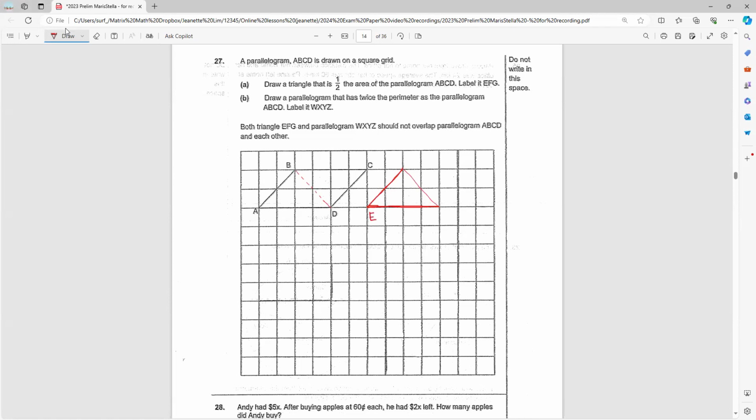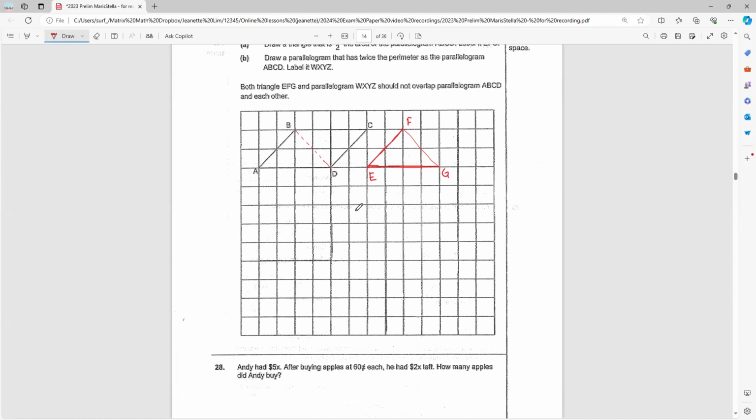So E, F, G. Next, draw a parallelogram that is twice the perimeter of this. Label it W, X, Y, Z. Okay, so you want twice the perimeter, right? Oh, okay, it says here that the triangle and parallelogram should not overlap.